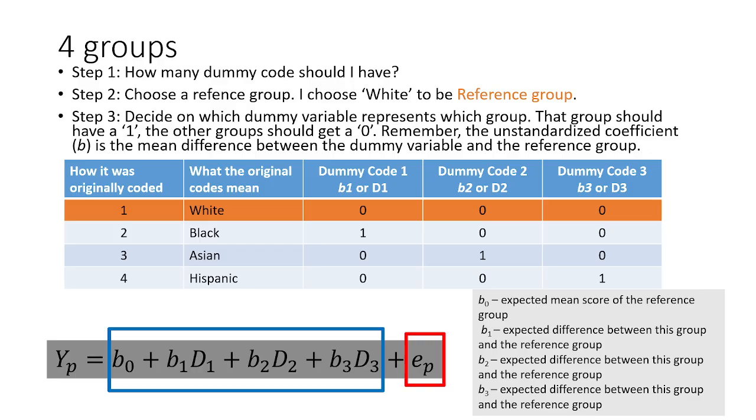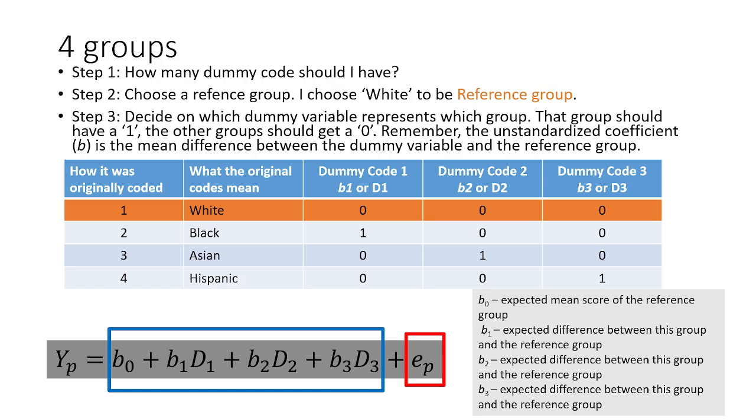I have 4 groups. How many columns should I have? Awesome, right? Let's say the groups are white, black, Hispanic, whatever. I choose white as my reference group. I have 3 columns. The reference group should always be 0 on all the variables.